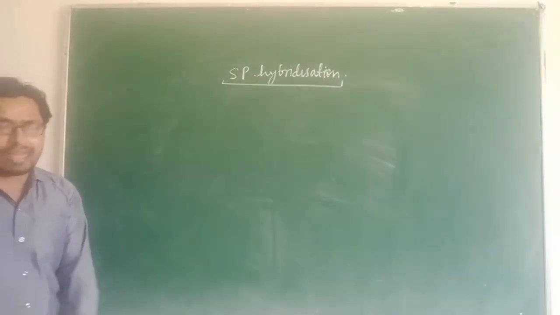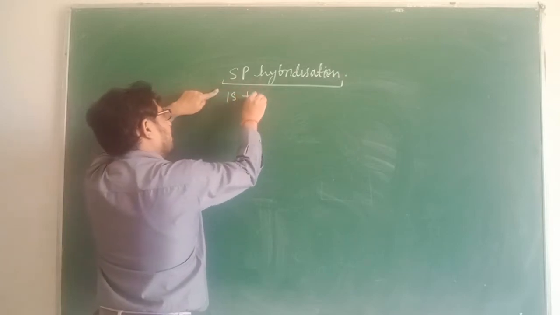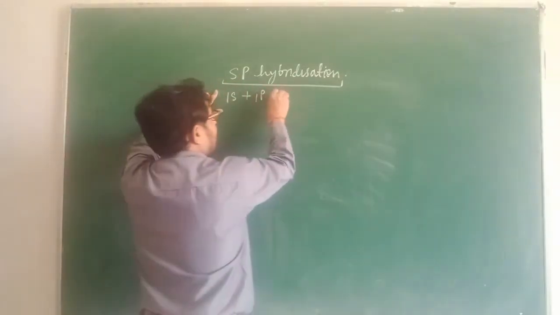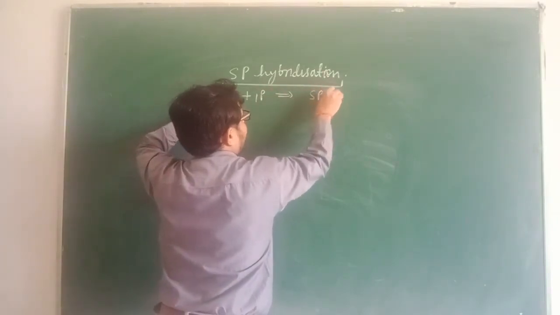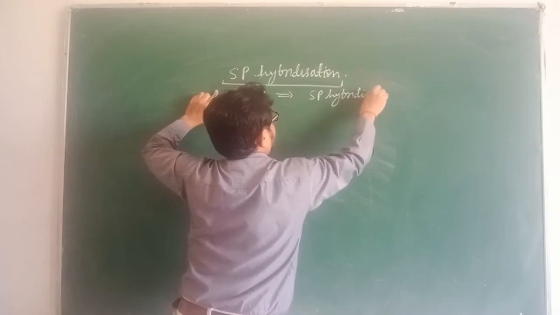What is its meaning? One s orbital and one p orbital combine, and they give us sp hybridization. That is the meaning.